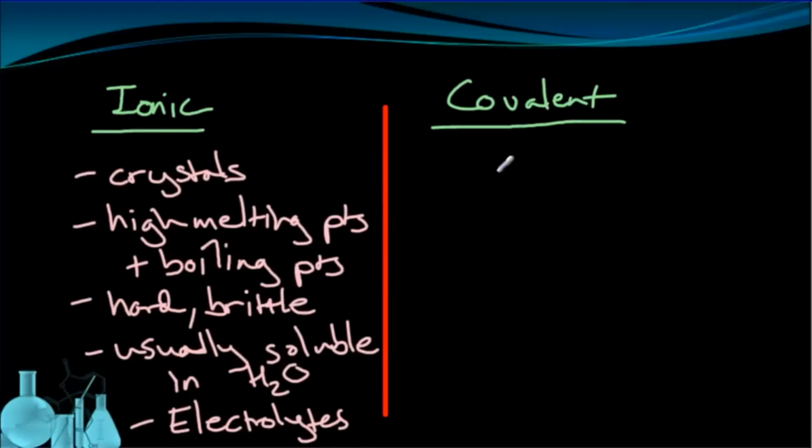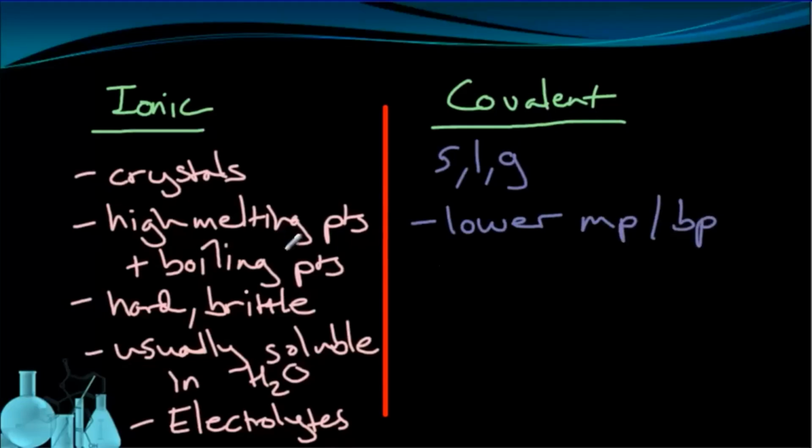A lot of the covalent properties are going to look like mirrors of the ionic ones, just opposites. So whereas ionic is almost always a solid crystal, covalent can be solid, liquid, or gas. They have relatively lower melting points and boiling points than ionic compounds. They're also not good conductors. They're poor conductors.